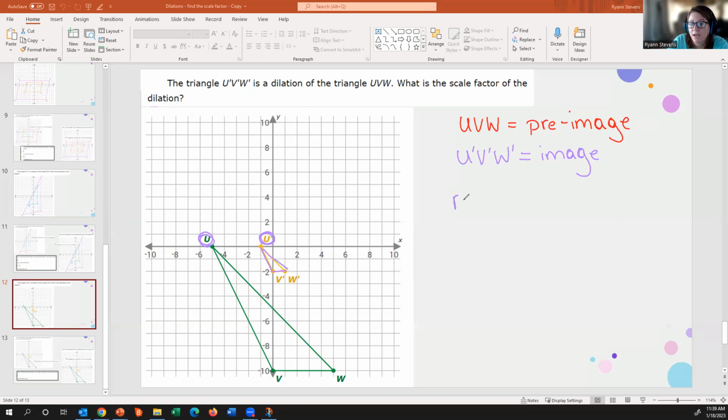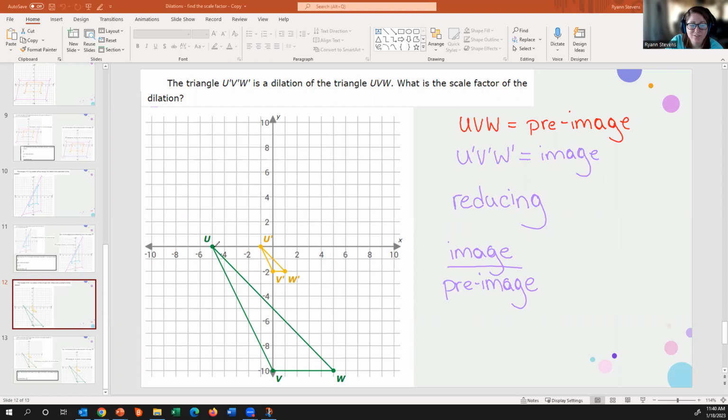So that would mean that, again, I am reducing this pre-image to get to the image, which also lets me know that I am going to be dealing with a fraction for this one. Okay, so my ratio is set up as my image over my pre-image, and I encourage you to write this down, maybe with all of the questions as practice, because this will help you to remember this is how we set up the ratio, okay?